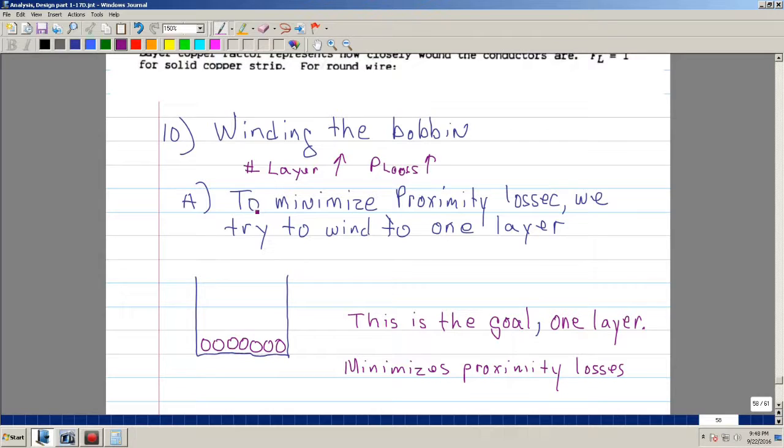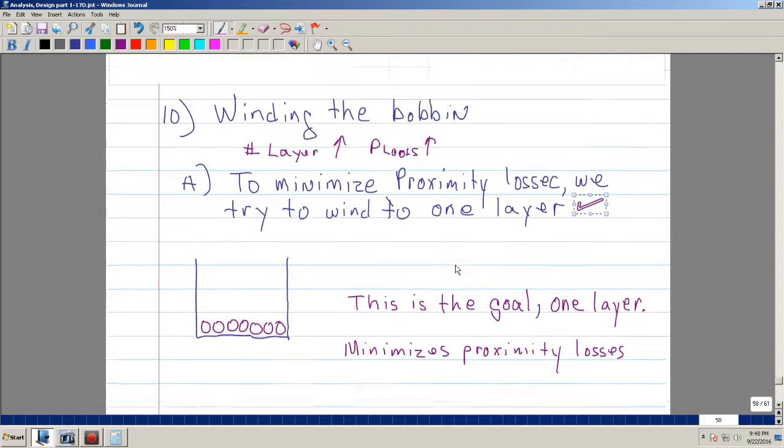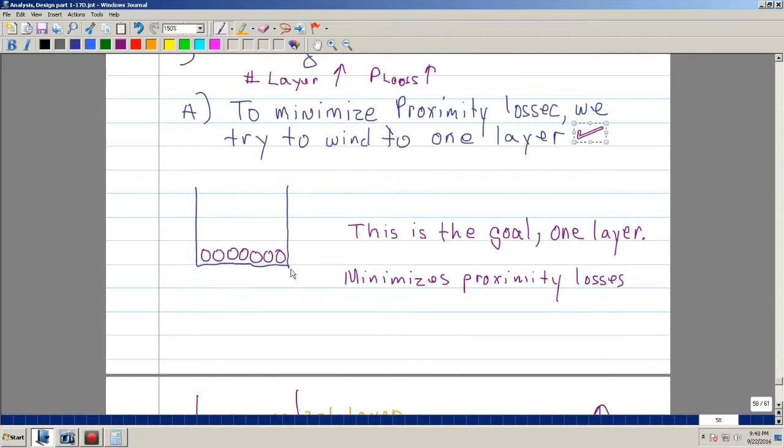So what are you trying to do? To minimize the proximity losses, we try to wind the primary and any other windings in one layer if possible. Okay? So basically, if you can, one layer.